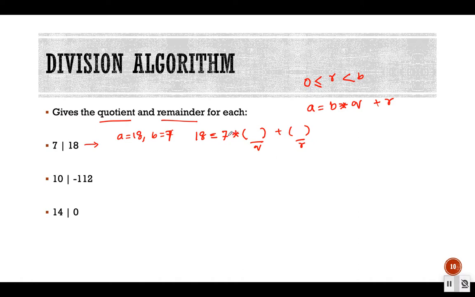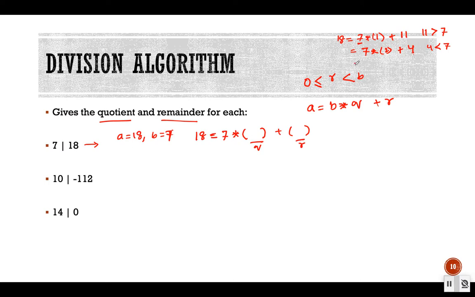We can try 7 times 1, which gives us 11, but 11 is greater than 7, so that is not going to work. So 7 times 2 plus 4 works, because 4 is less than 7 and greater than 0.